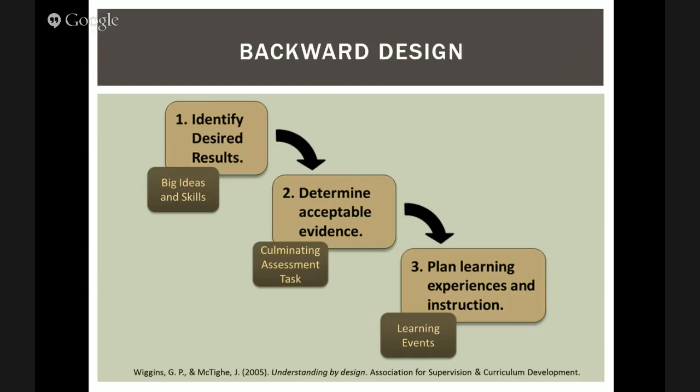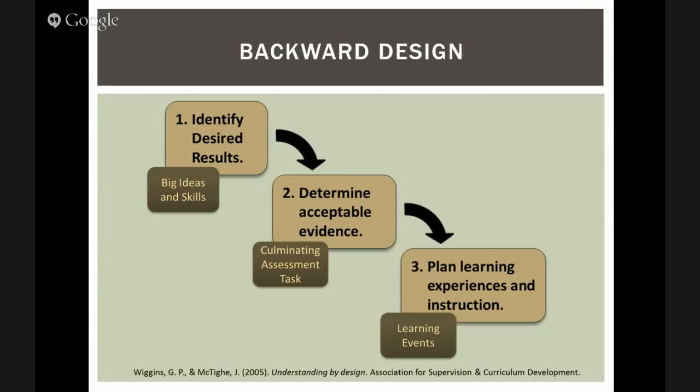Some people also refer to it as starting by the end. It's taking your course design, your planning design, upside down. Instead of thinking about what you're going to do in your classroom or with your TA, what kind of activities you're going to engage them with, first you think about what you want them to learn. What skills do you want them to develop? So you start with your goals.